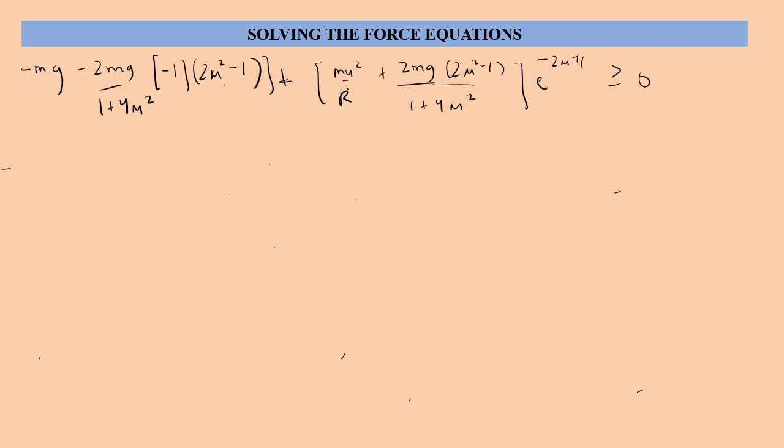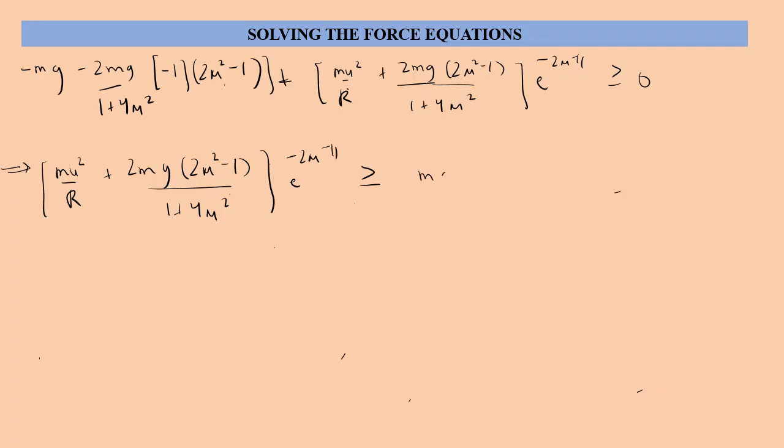So we get u² by r plus 2mg times (2μ² minus 1) over 1 plus 4μ², times e to the power -2μπ, is greater than or equal to mg plus 2mg times (2μ² minus 1) over 1 plus 4μ². If I multiply throughout by e to the power 2μπ, I'll get e to the power 2μπ here, and this will be gone.